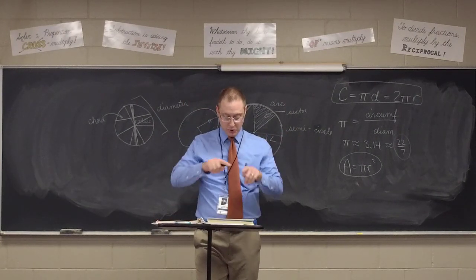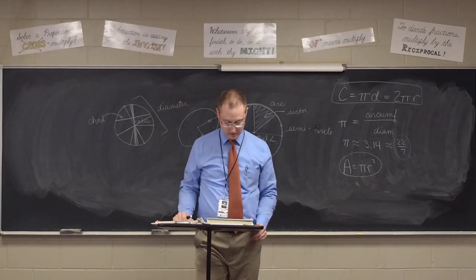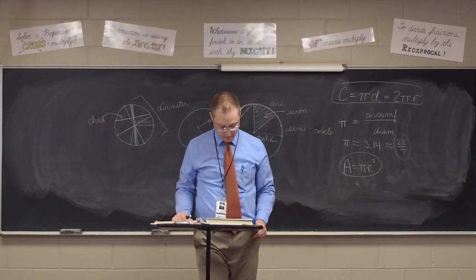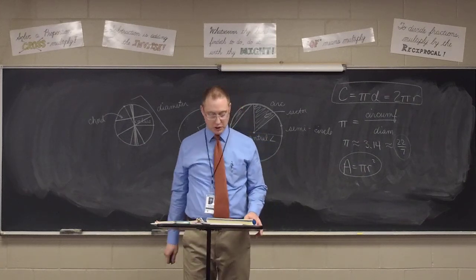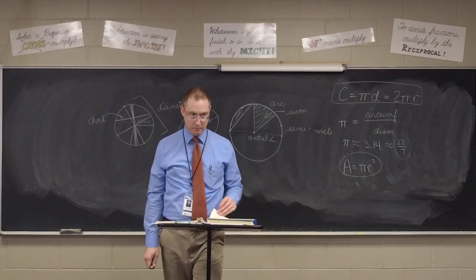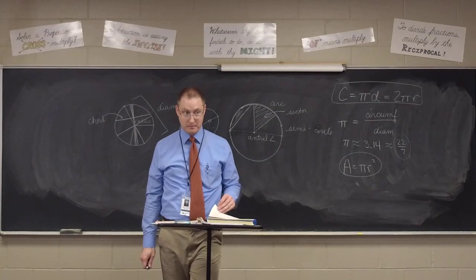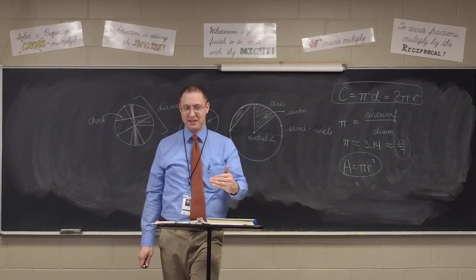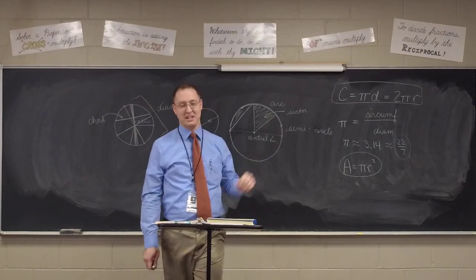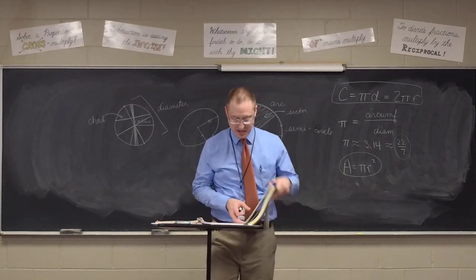Radius. Arc equal to half a circle? Semicircle. Good. Distance around a circle? Circumference. Ratio of circumference to the diameter of any circle? Pi. The ratio of circumference to diameter is pi.